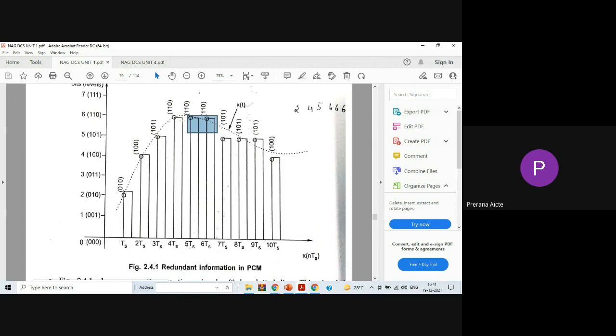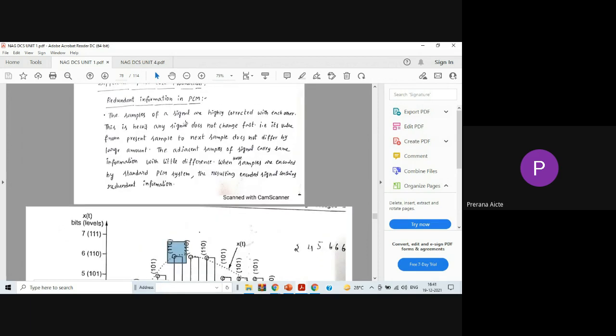Instead of sending the same data in 3 samples, if we remove those samples which carry the same information and send only the required sample, we can reduce the redundancy and save bandwidth. That's why we are going for a technique which is DPCM.